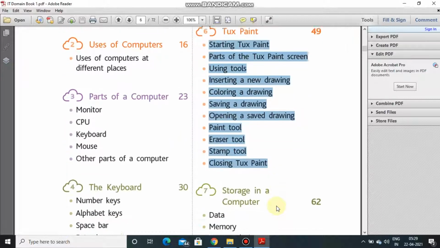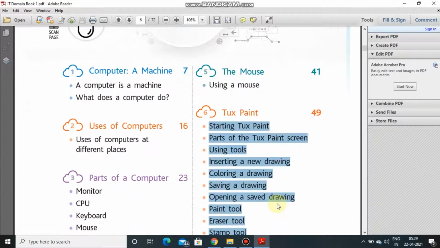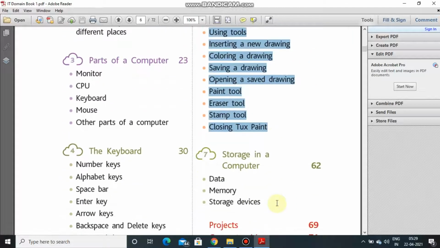And at the last, we would be discussing the storage of computer. As I had mentioned, computer can store a large amount of data. So these will be the 7 chapters which we will be covering in our upcoming sessions for class 1.